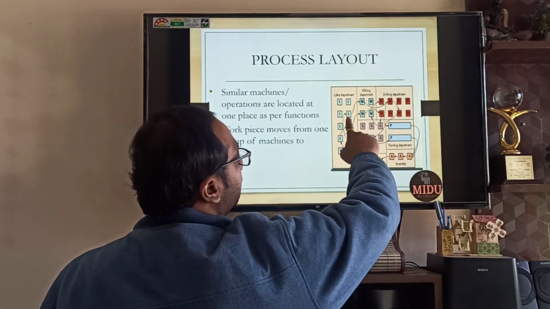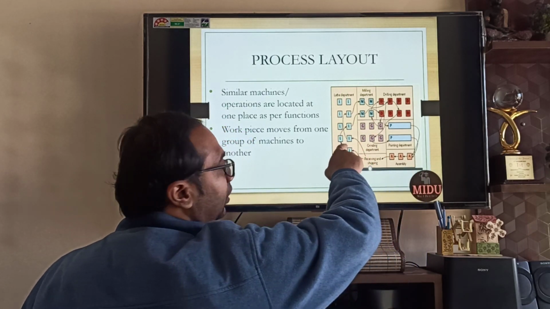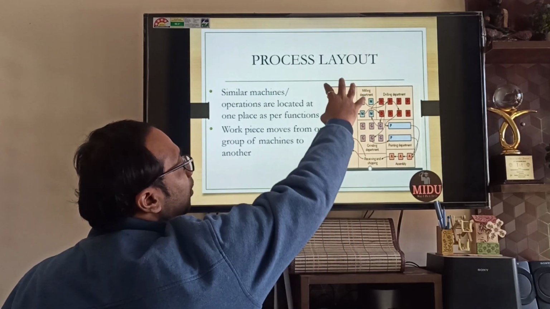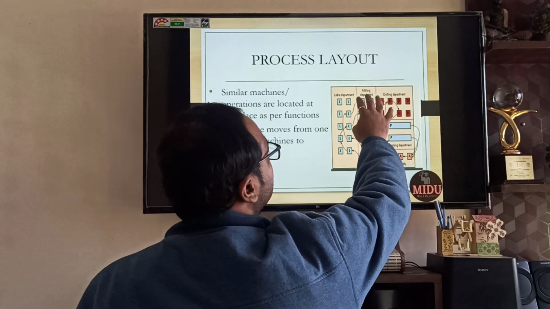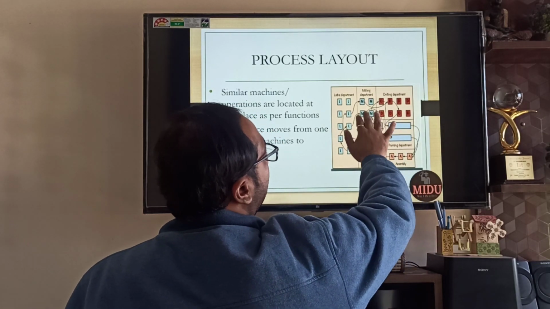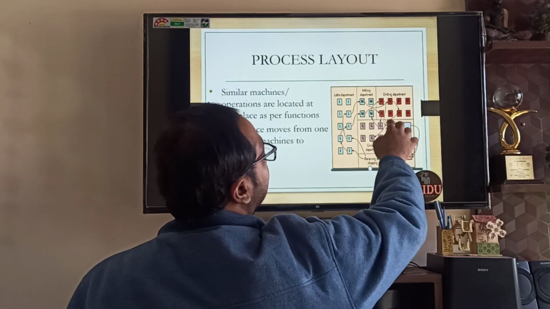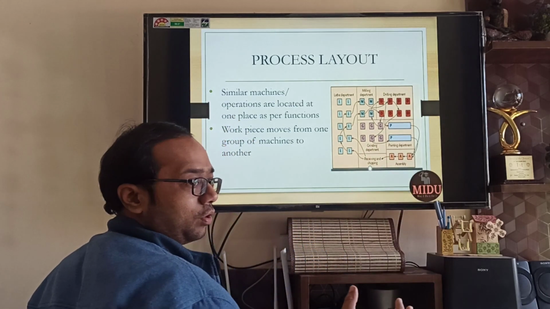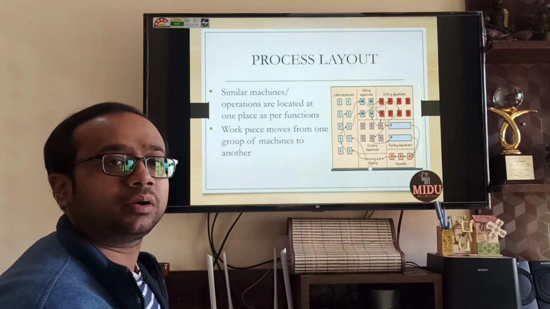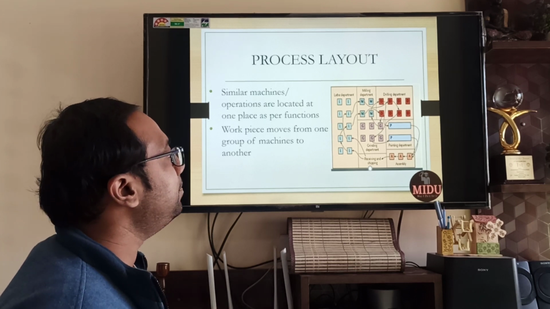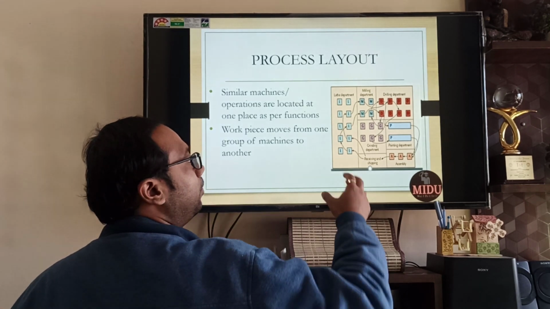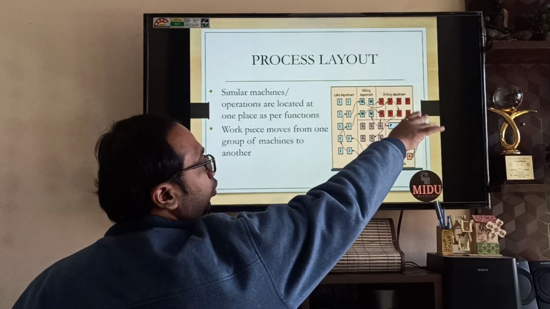So there are 10 machines which are used for lathing, but all of them are at a particular location combined. Then there are machines which are used for milling, they are all combined. Again, drilling combined, grinding combined. So the product has to go through these steps, but when it has to go from lathing to milling, it will follow this particular route only.